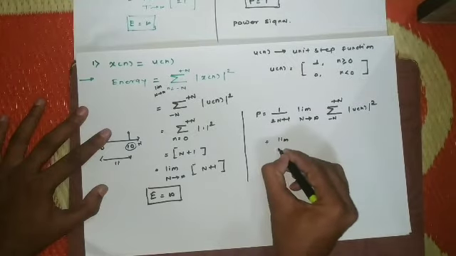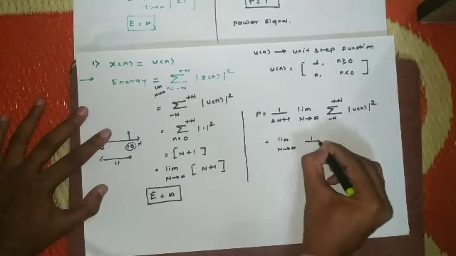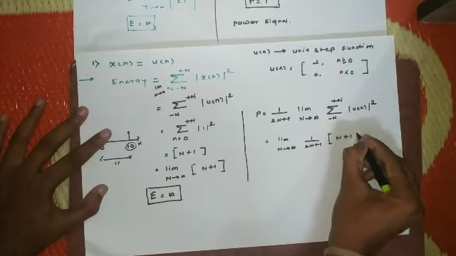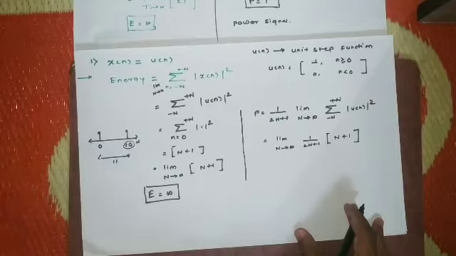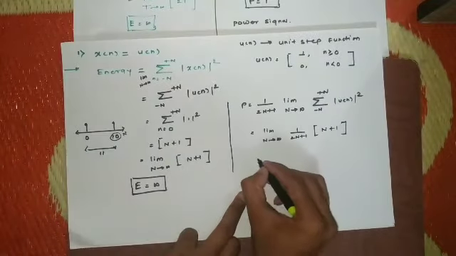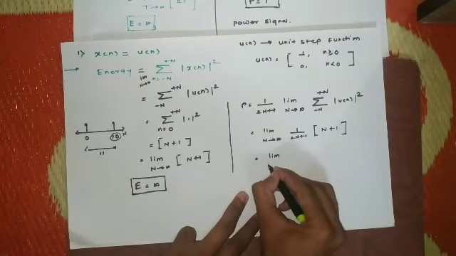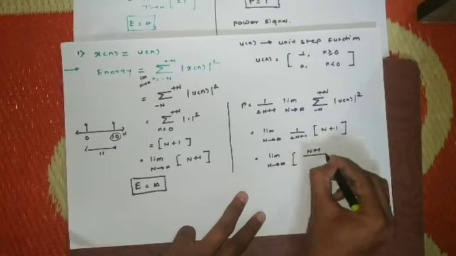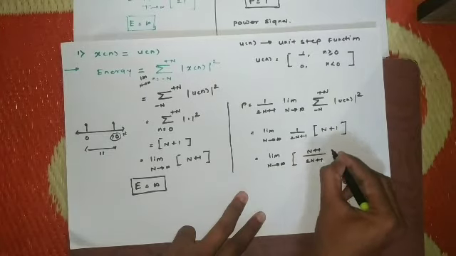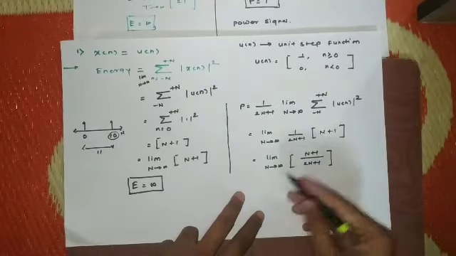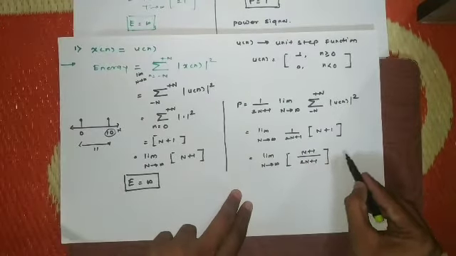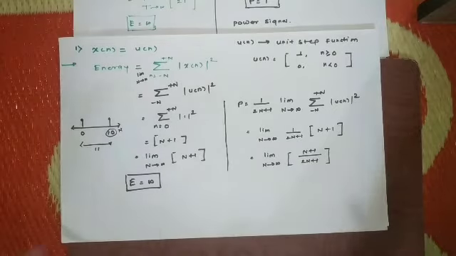I am putting this term as it is: limit, 1 upon 2n plus 1 into this term, n plus 1. Now we can simplify these terms. This is n plus 1 upon 2n plus 1. Now if we straightforwardly put in infinity, we'll get infinity upon infinity, where we don't have any solution.